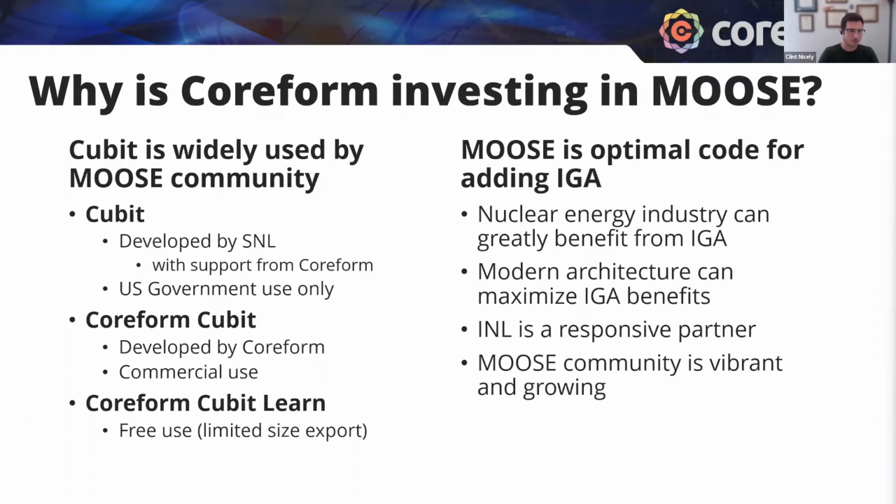Of course, we do offer Coreform Cubit Learn licenses, which are free to use for non-business uses, for personal use, or for research use at home. So we have all of these things, and that's sort of the building blocks of why IGA and Moose in particular was a really promising start to get IGA in there.